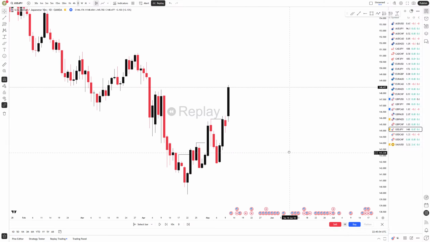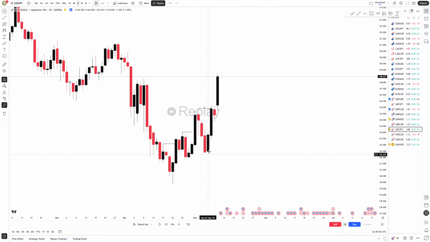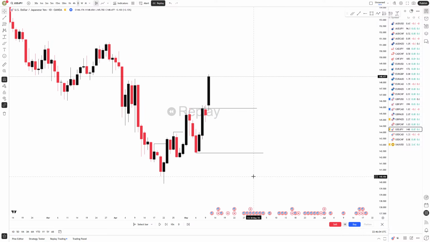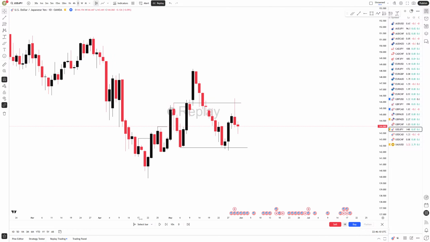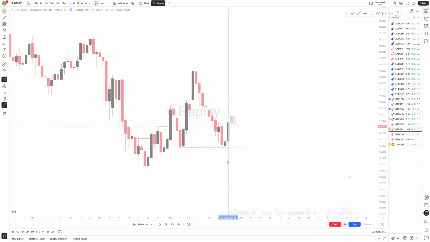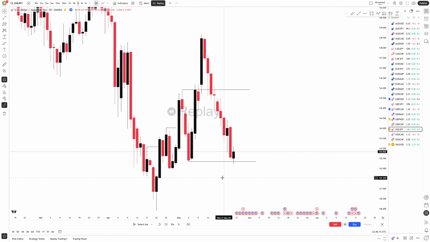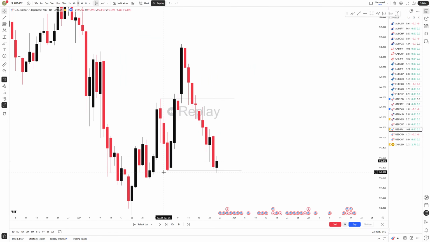After this break, all of this is our area of liquidity. So I marked this level as my area of liquidity, and I waited for the market to come and react to that level. The market just came to this level and reacted to that point, tried to break this low but didn't break it by the body. So it means this area is still valid and respected.